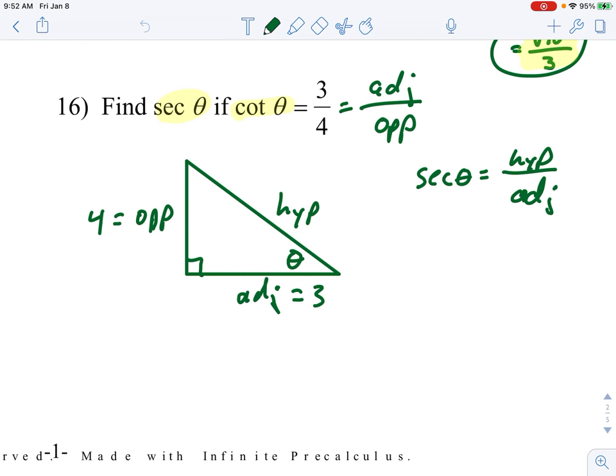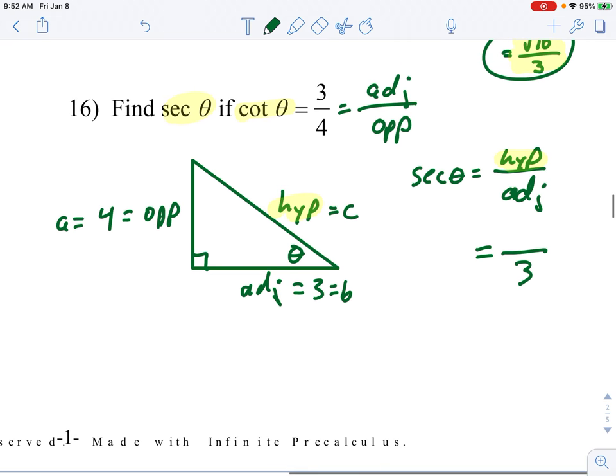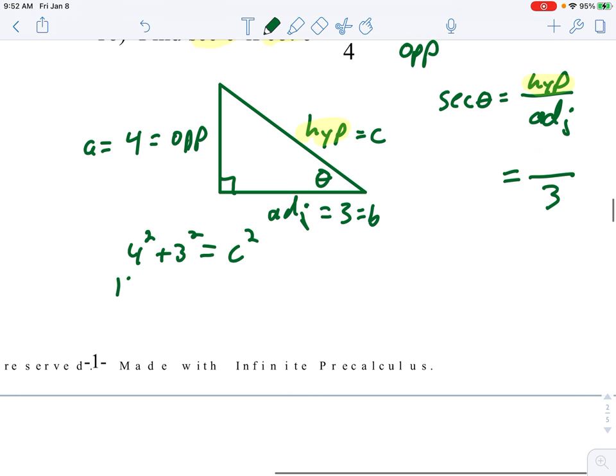So for this one, hypotenuse over adjacent is going to be something over 3, but I need to calculate what that something is. So if I call this A, this B, hypotenuse is always C, a squared plus b squared equals c squared. 4 squared plus 3 squared equals c squared. Yesterday I mentioned a 3, 4, 5 triangle, and that's exactly what this is.